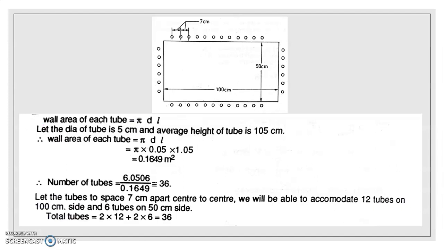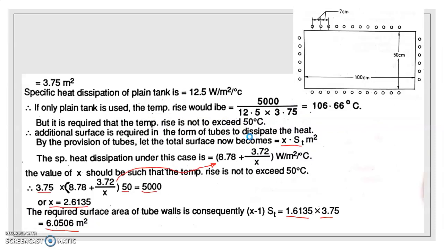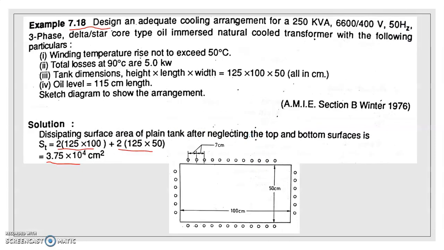The cooling tube is cylindrical, so we can consider the wall area of each tube, that is nothing but pi d L. Let's consider the diameter of the tube is 5 centimeter and the average height of the tube is 105 centimeter. How is 105 centimeter considered? In the given problem, you can see the oil level is 115 and the total height of the tank is 125.